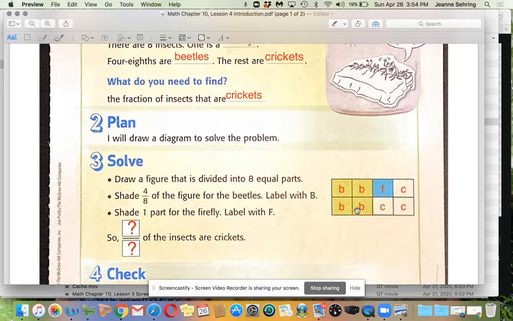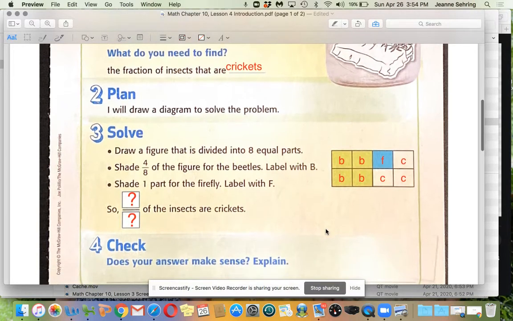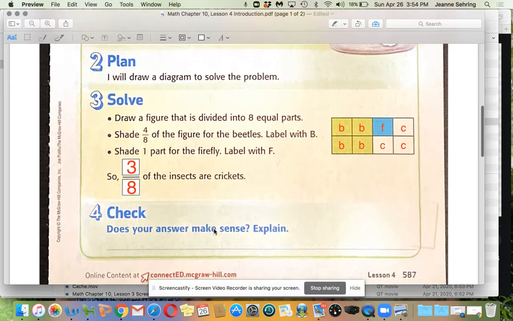So I have 4 beetles, 1 firefly, and how many crickets do I have? 3. So that diagram makes it pretty easy to see. So our total number of insects is the denominator, and that is 8. If the question is asking how many are crickets, we can see that 3 of 8 are crickets. 3/8 are crickets. Very good.